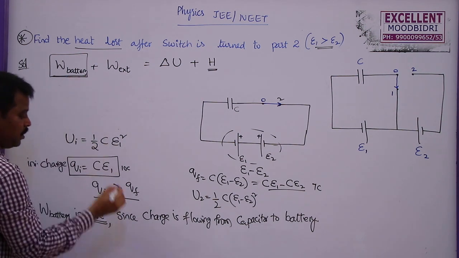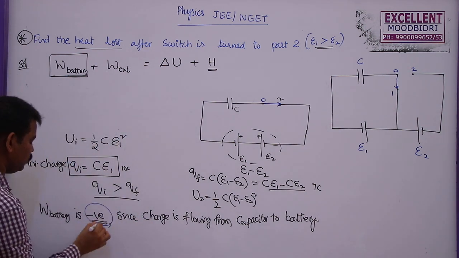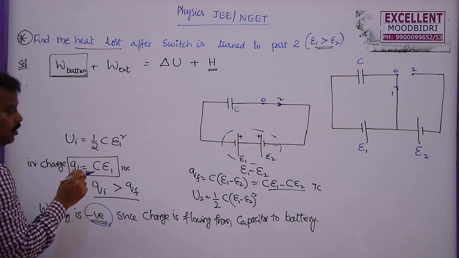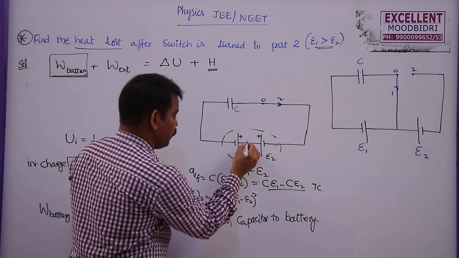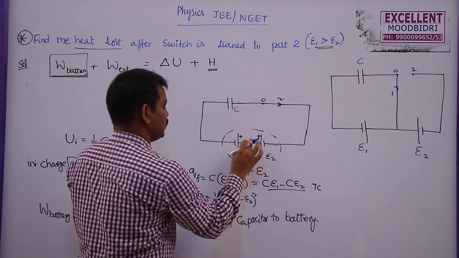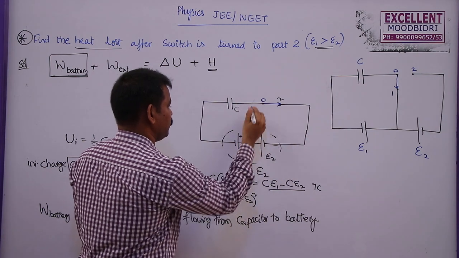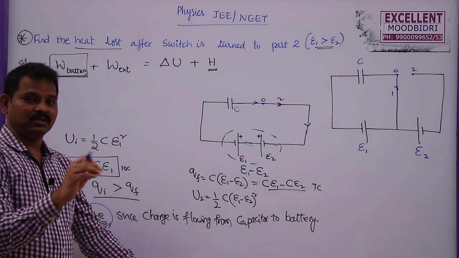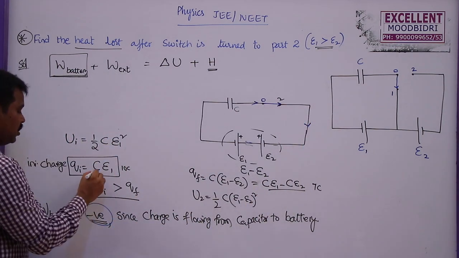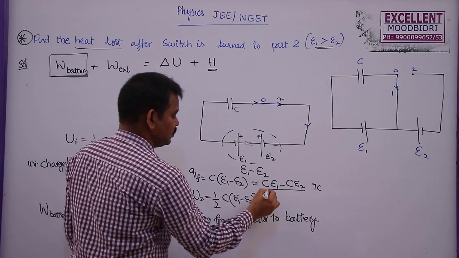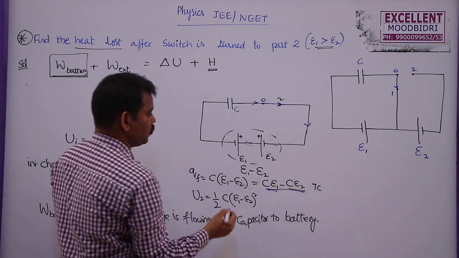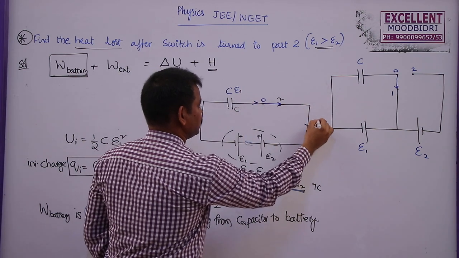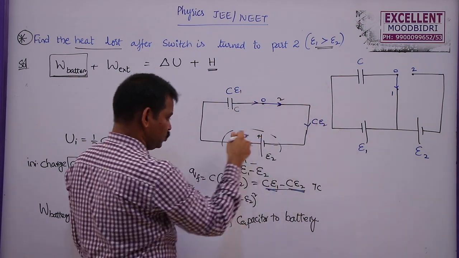What is the work done by the battery? Already I told you this is negative. Work done is the potential difference into the charge flowing. Here charge is not flowing from the battery to the capacitor. Instead, charge is flowing from the capacitor to the battery. What is the charge flowing here? The initial charge was CE1. Now the charge is CE1 minus CE2. That means it has CE1 and it is sending CE2 charge to the battery.